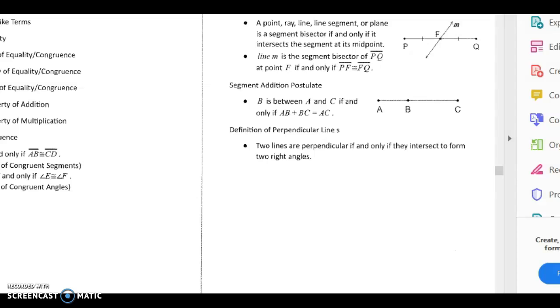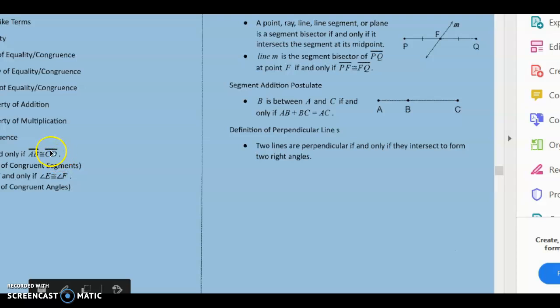So notice right here, right? You guys see that right here? It says AB is equal to CD if and only if AB is congruent to CD. That's the definition of congruent. And because we have an if and only if statement, remember that's a biconditional, we can write it backwards. So we can say if they are congruent, then they have to be equal.